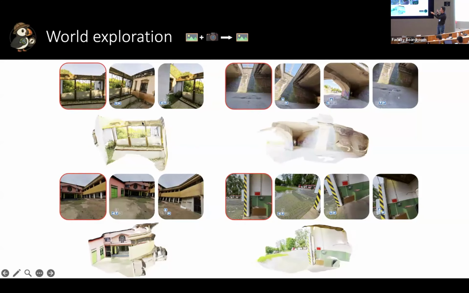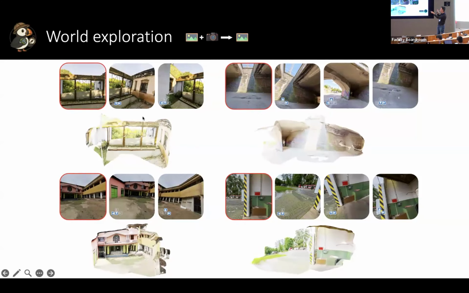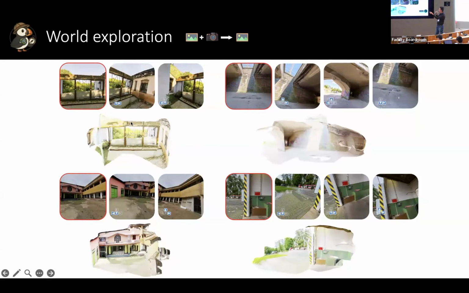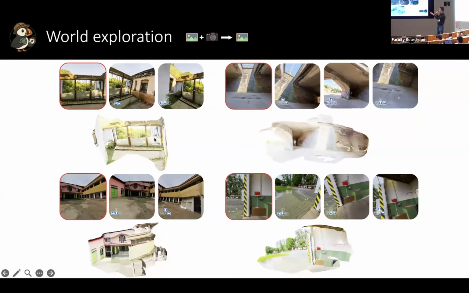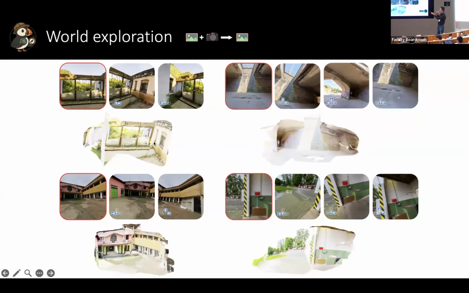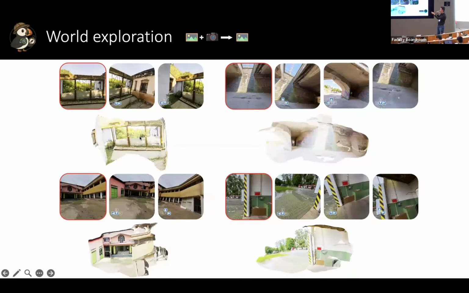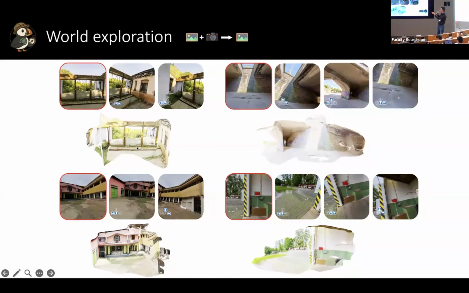That is basically in the same scene but looking at a different angle. So with that, we can use, for example, VGGT to reconstruct the scene, and that basically gives a more holistic view of the scene that we are exploring.